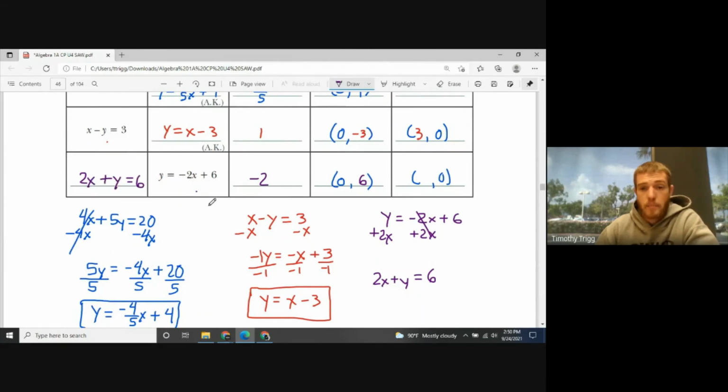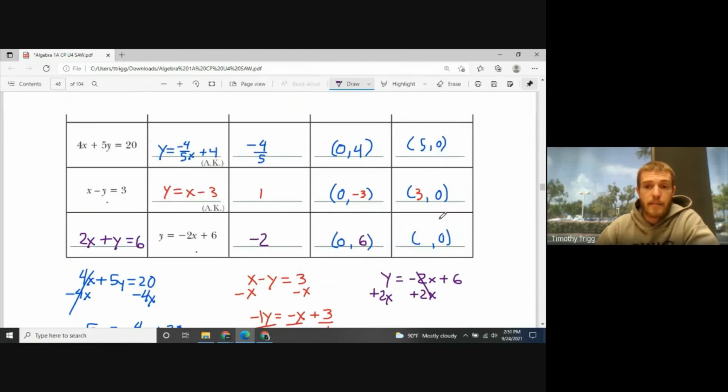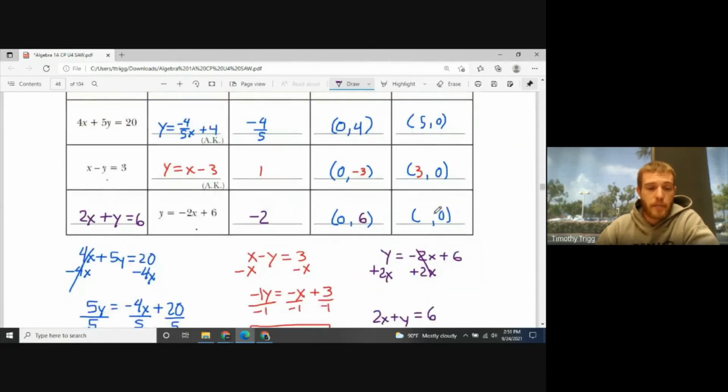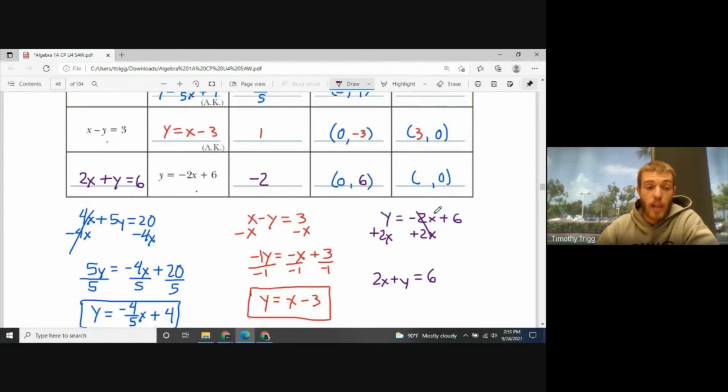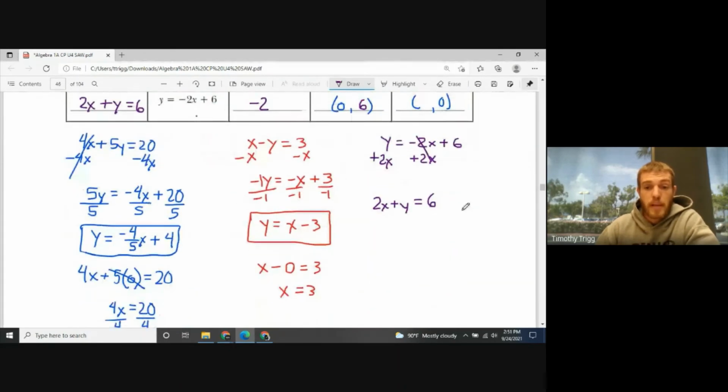Okay, and because we have standard form, we can easily find the x-intercept of this graph, or of the line. So we would replace the y with 0. So that would be 2x plus 0.